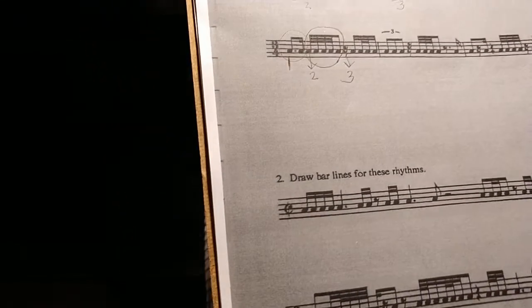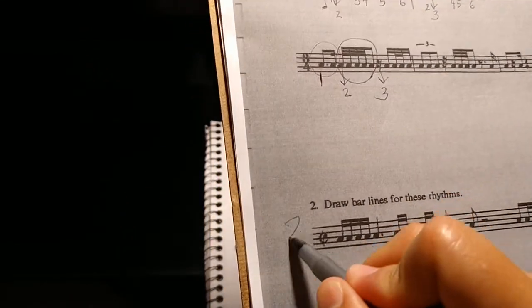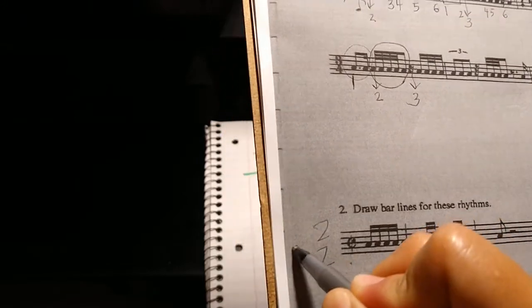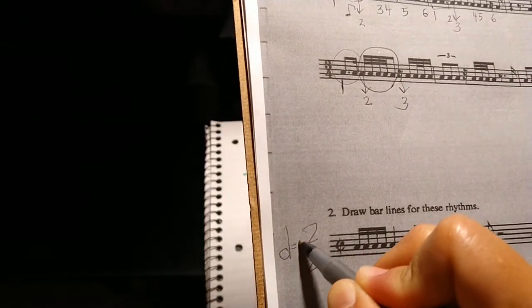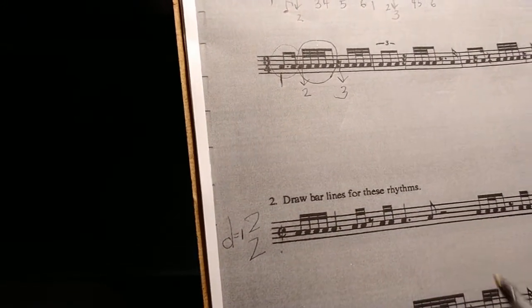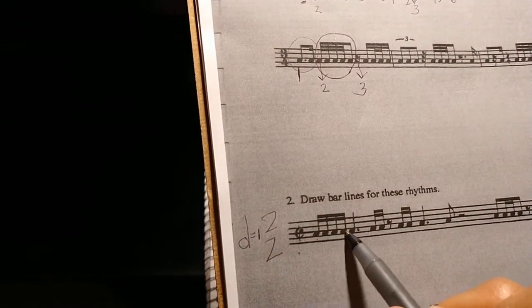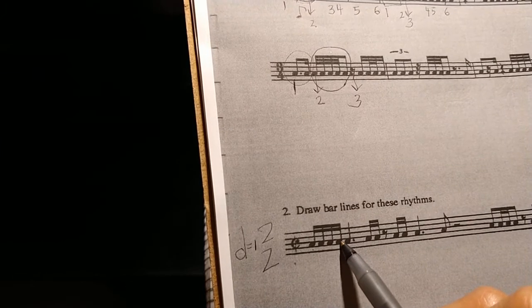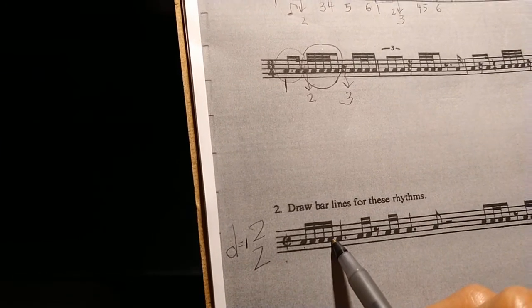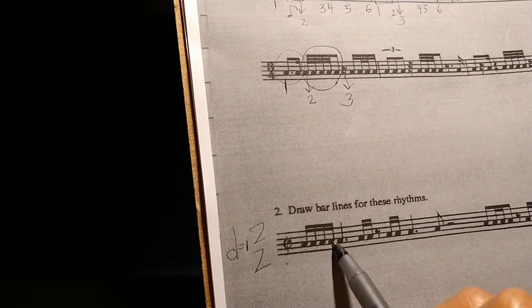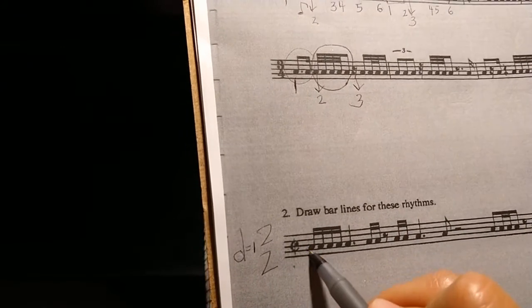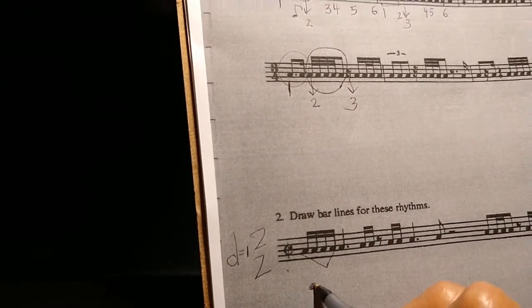Okay? This sign you should already know is 2/2. That means a half note equals 1 beat. So you combine into half notes. For example, the first example, 4 16th notes we know is a quarter note. But it's not a half note yet because we need 1 beat. Okay? So this is a quarter note.